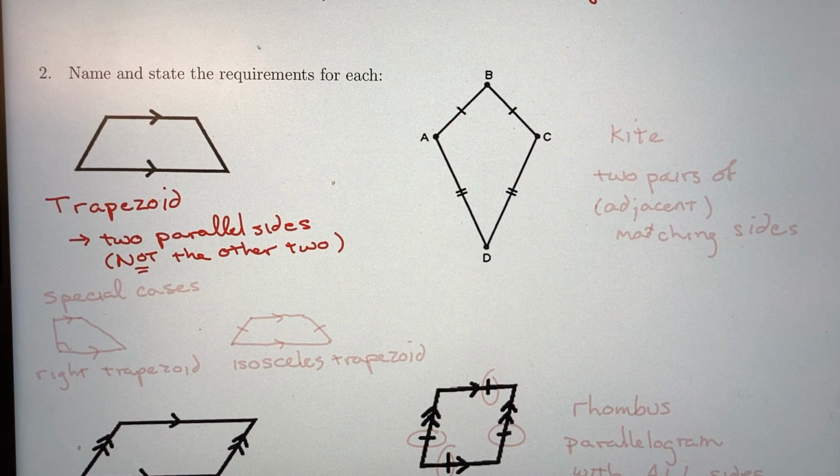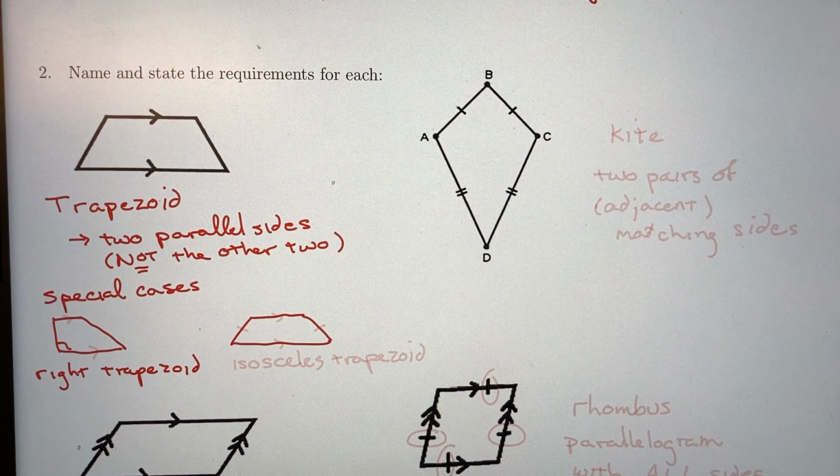So special cases, let me just say some special names. If you've got a trapezoid with a right angle in a corner, it's called a right trapezoid. And if it's got parallel sides and equal other sides, then it's called an isosceles trapezoid.